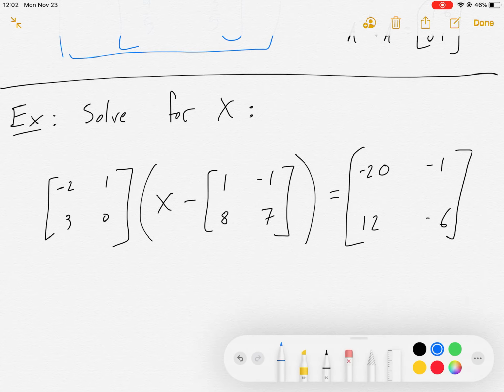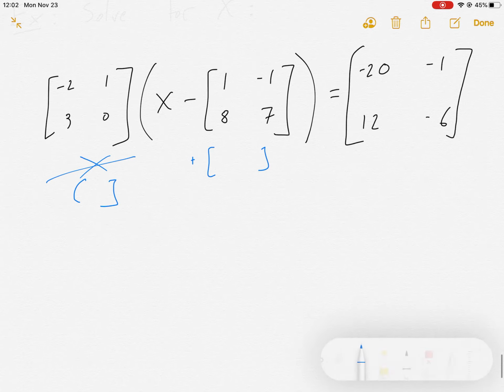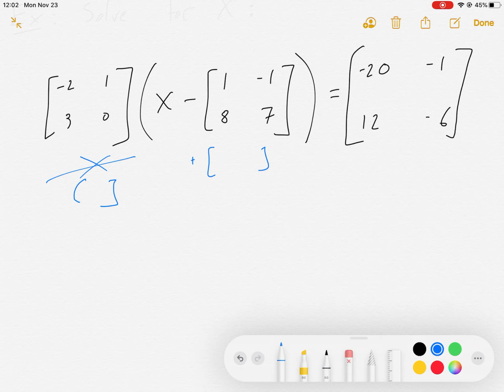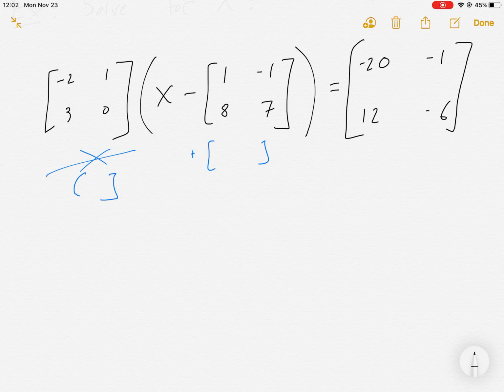Okay, now if this was like a linear equation without matrices, we might say, well, to start off with, I know at some point I am going to have to add this matrix here, and I'm also going to have to divide by this one here on both sides. But we know that division doesn't work, so we're actually going to multiply both sides by the inverse of that first matrix.